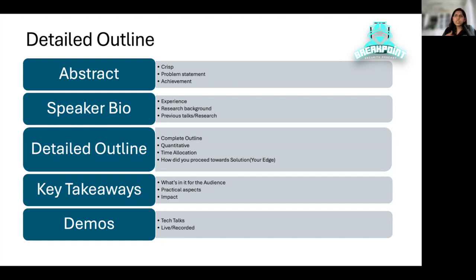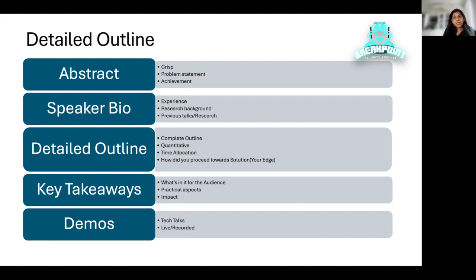That's not much in terms of how it impacts the reviewer's decision, not really. But for you, it helps to understand what the important primary areas are for you to talk about. And of course, how you proceeded towards your solution or your exploit or the vulnerability and so forth. So have that uniqueness and newness clearly called out in your outline.